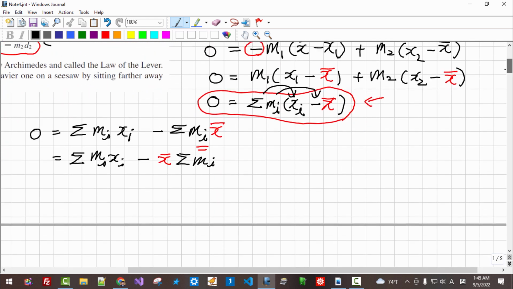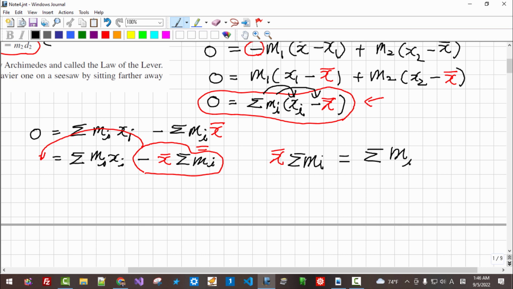Then we move this term to the left. We have x bar sigma mi equals sigma mi xi.